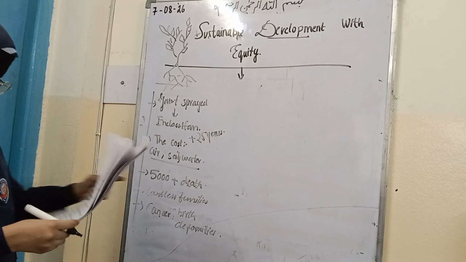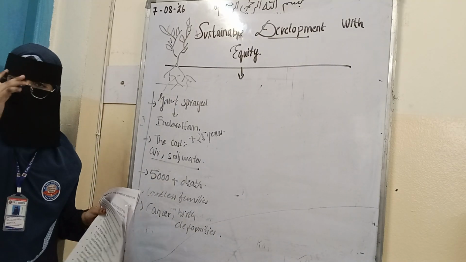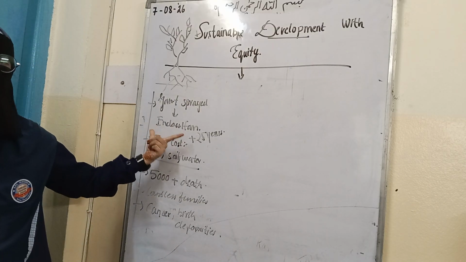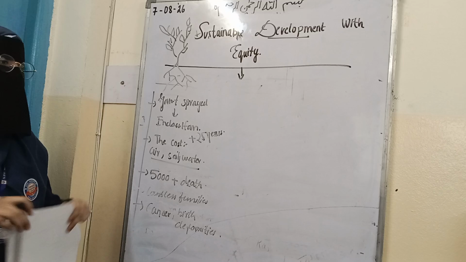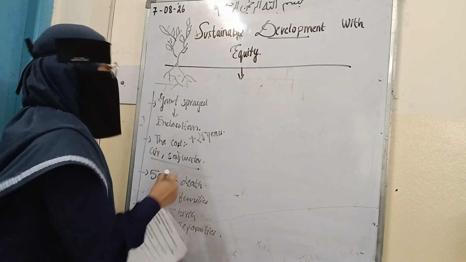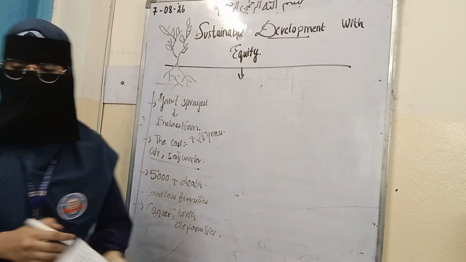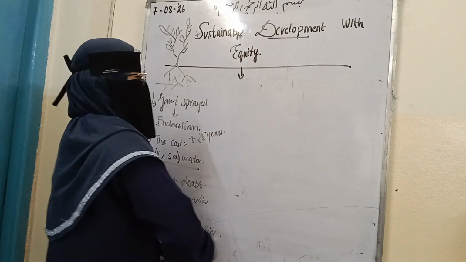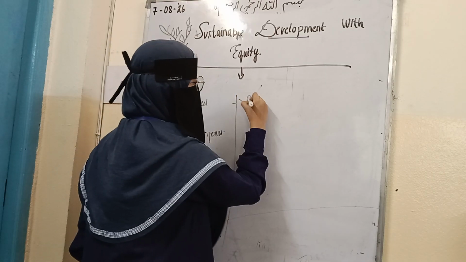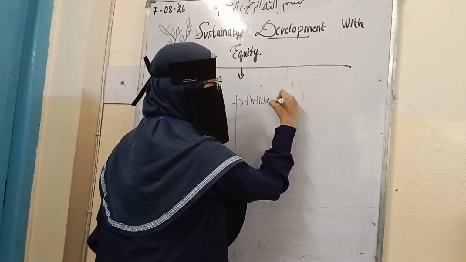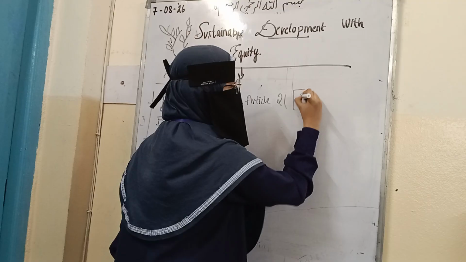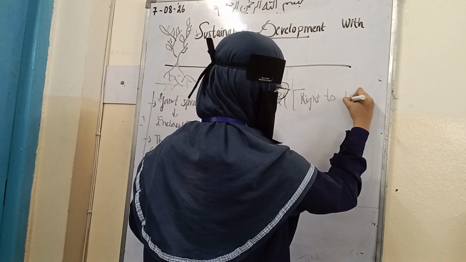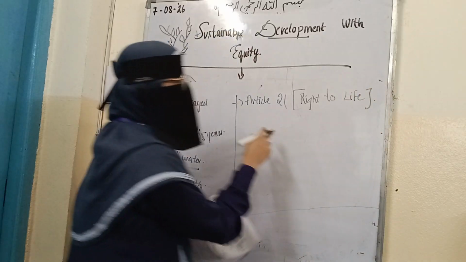Countless families. And after 25 years the government took action and completely banned the chemical called endosulfan in the entire country, because they said that in Article 21 there is a right to life, and it was violated.